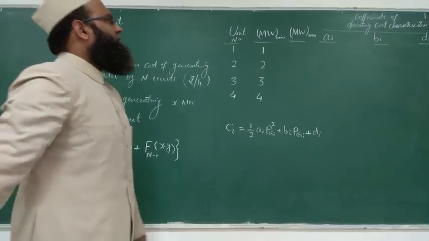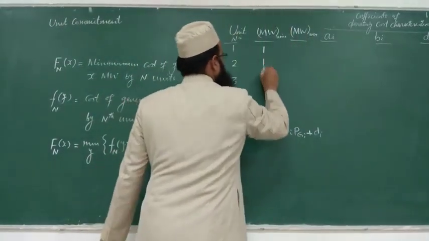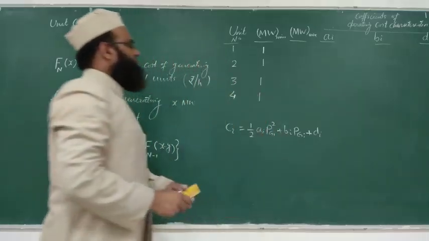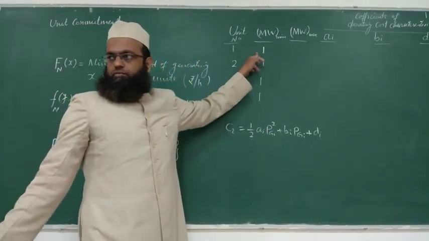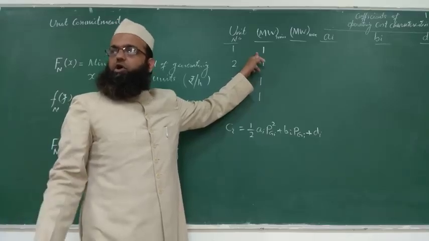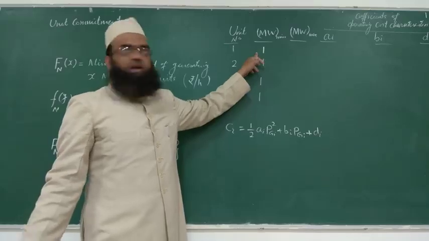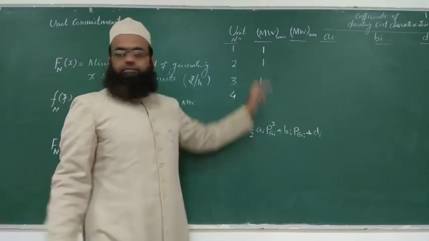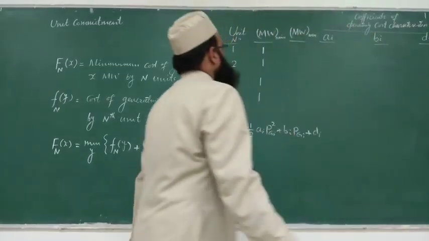Let us assume that the lower limit of each unit is 1 megawatt. Right here 1, 1, 1. Means for the first unit the lower limit is 1, so below 1 megawatt you can't load. Once that unit is operating, it means minimum 1 megawatt loading will be there. Below this, either it is not technically feasible or not optimal, right?